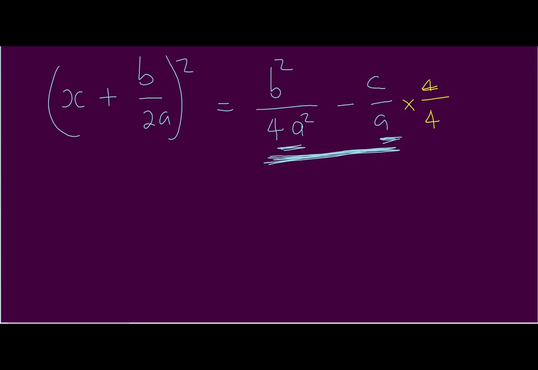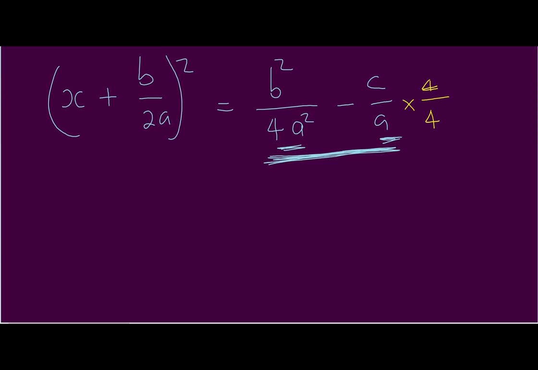We're trying to multiply by something that's going to be 1, so that on the other side it won't make a difference. When you do this, the whole equation stays balanced. So multiplying by 1 won't make a difference, because 4 divided by 4 is 1.